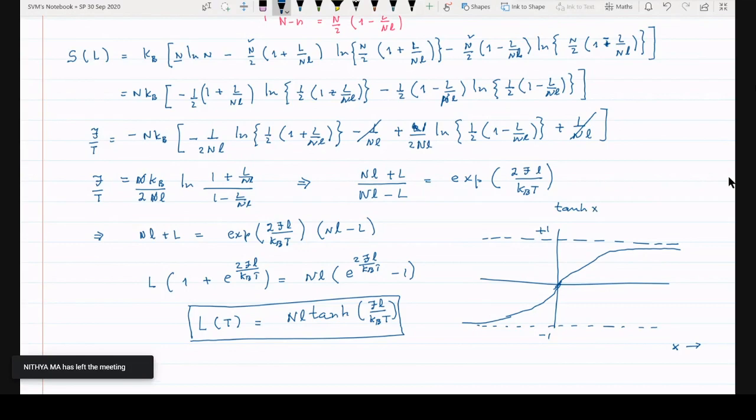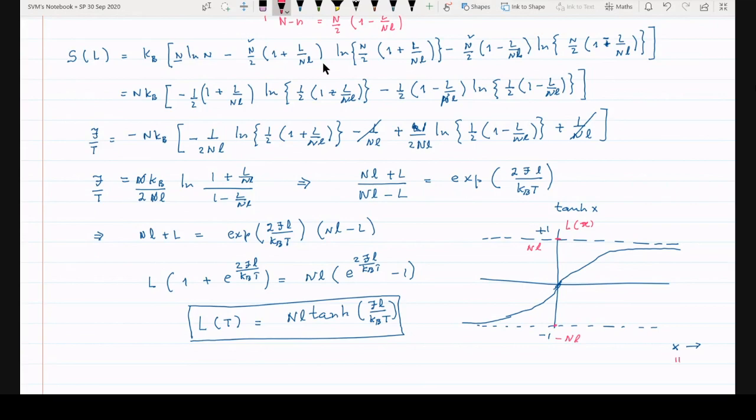Now in this particular case, if I plot L versus x, then this point is basically NL, and this point is minus NL.